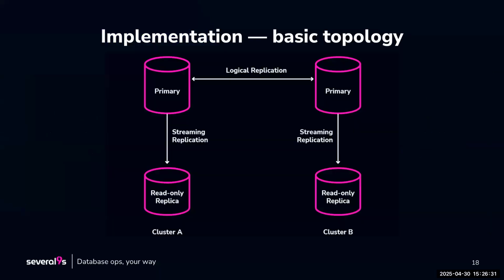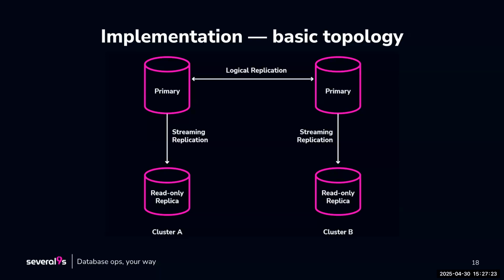And here is the basic topology for this solution. This is just an example for bidirectional replication with 2 streaming replication clusters with primary nodes and read-only replicas. And they are connected by logical replication, as you can see in the image. This is the basic implementation. So here you need one primary node per cluster. And you could add standby nodes in a streaming replication, one or more than one.